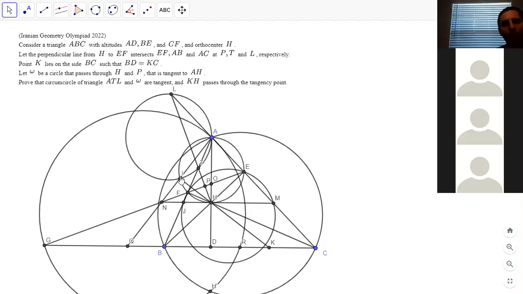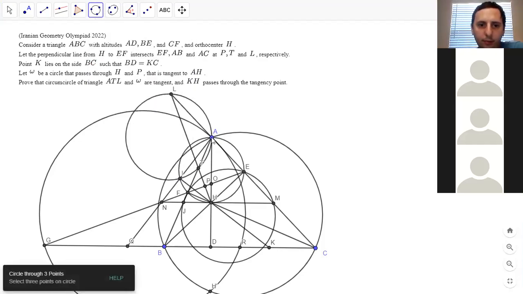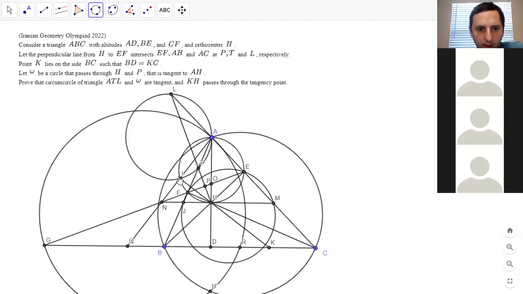Yeah, so you're right. If we can show AIJM is cyclic, then we can show that point N exists, and it's not hard to show that. So yeah, we want to show AIJM is cyclic, and then we would be able to do that.